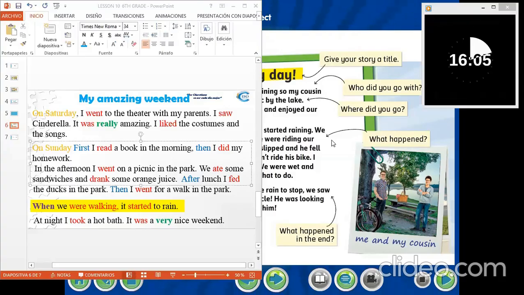Alexandra, you have a question? Yes, teacher, la composición que vamos a hacer de nuestro fin de semana, ¿es de nuestro fin de semana en cuarentena o antes de la cuarentena? I think it's your decision, Alexandra. You can use in the quarantine or before, but try to use the vocabulary. You can invent, no? Teacher, on Saturday I went to the cinema with my parents.